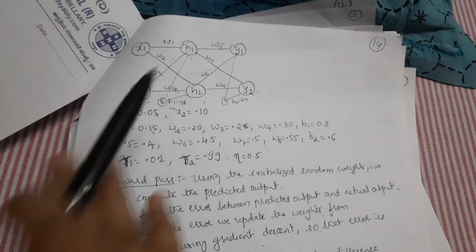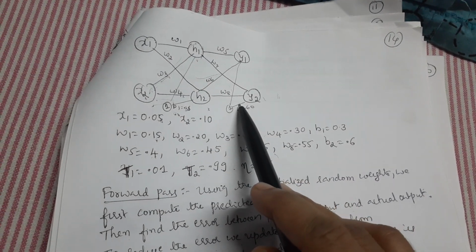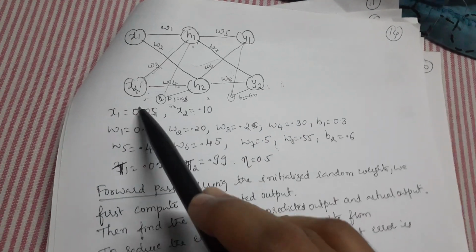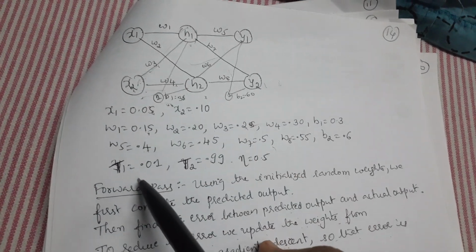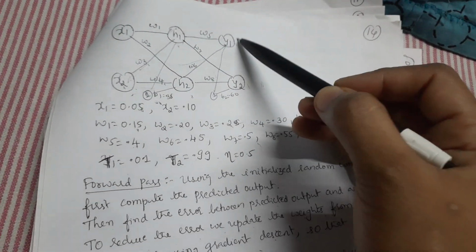So let's see an example here. This is an example neural network. These are the x1 and x2 values, these are the weights, and these are the two targets, target 1 and target 2.